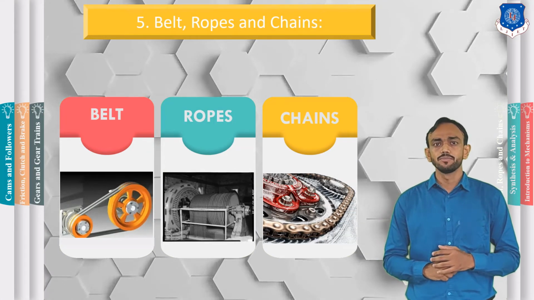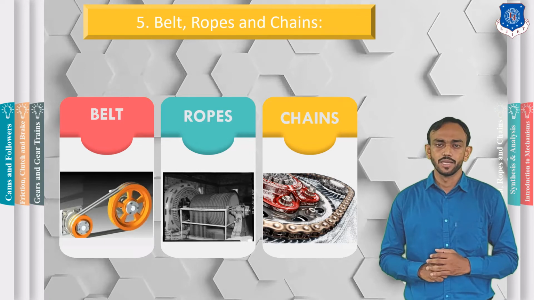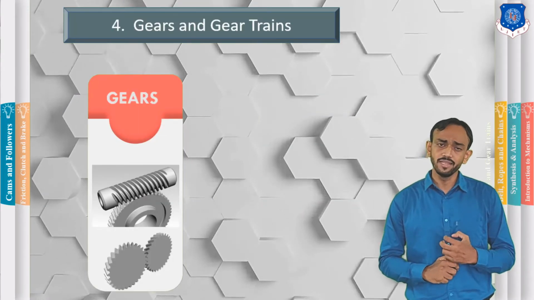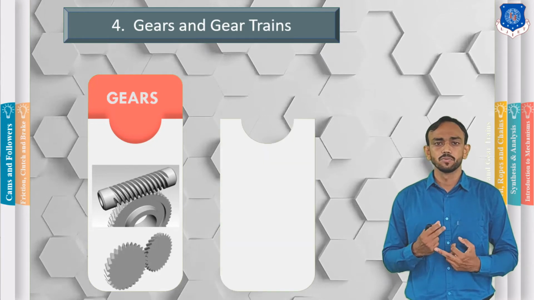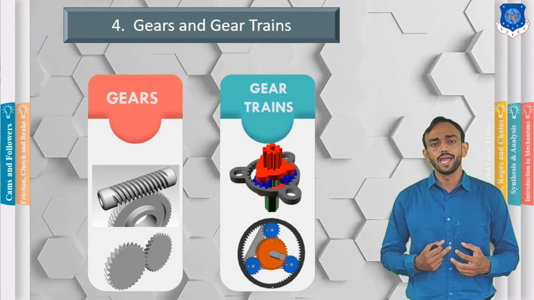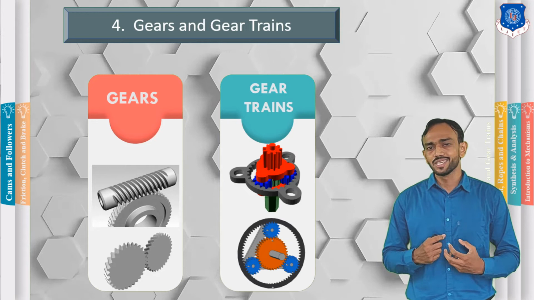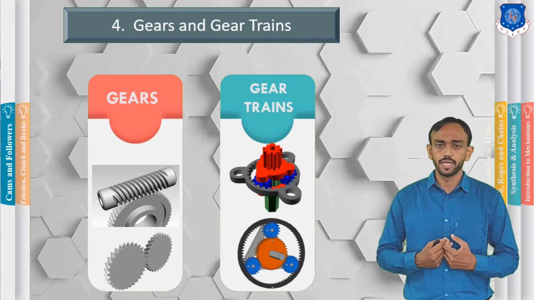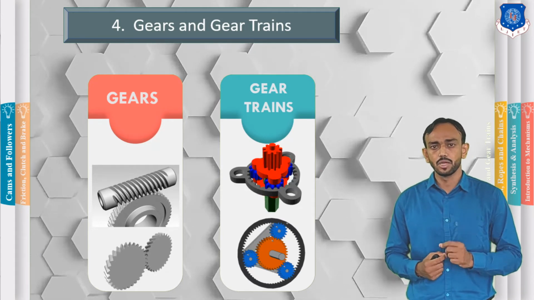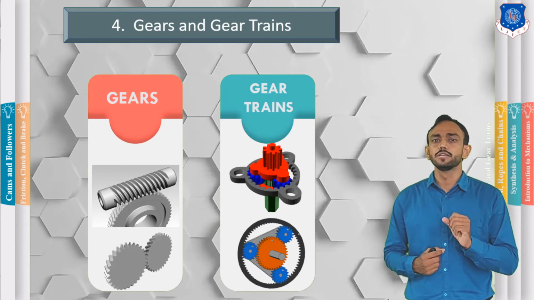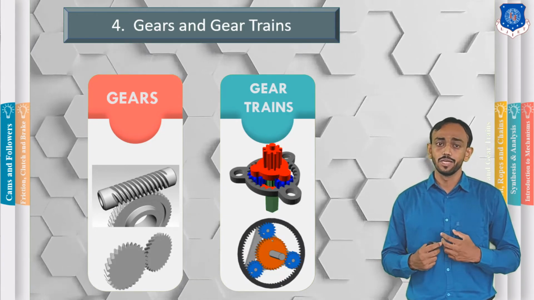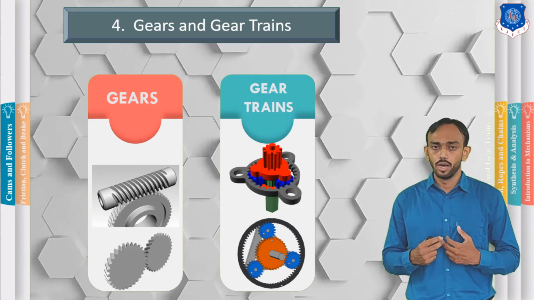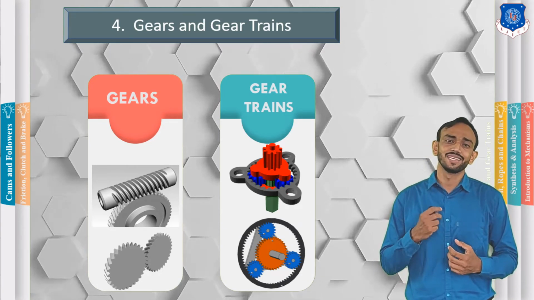Okay. So the next chapter is gears and gear drives. In this chapter you will first study gears, the types of gears, spur gear, bevel gear. After that you will study how the gear works. Because in this chapter we will study individual gears, and after that the assembly of gears, meaning more than two gears connected to transmit power, which is known as a gear train.